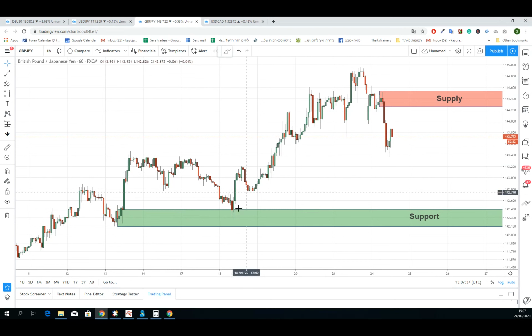That's the idea, to buy at demand and sell at supply level. So the price already tested this demand once, and therefore it's not valid anymore as a demand level, but it became a support level. So I'll definitely consider closing the position here, or maybe just part of the position.